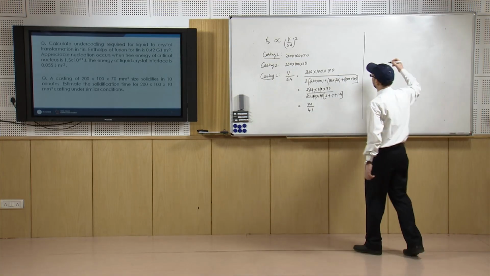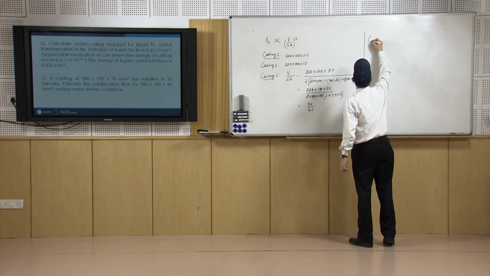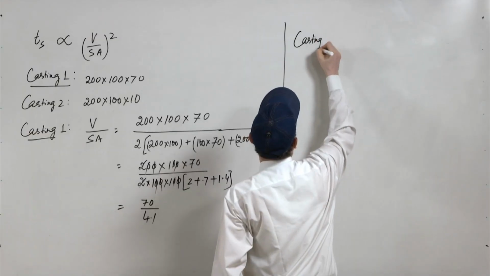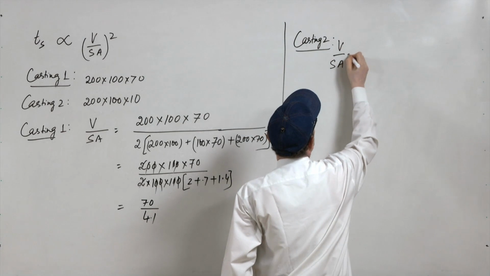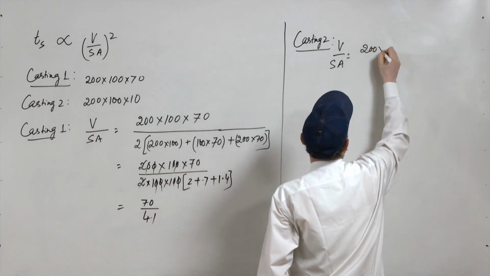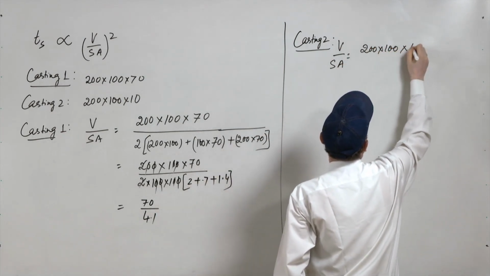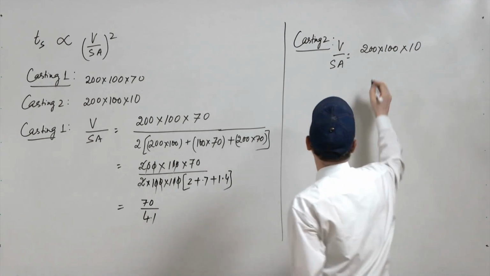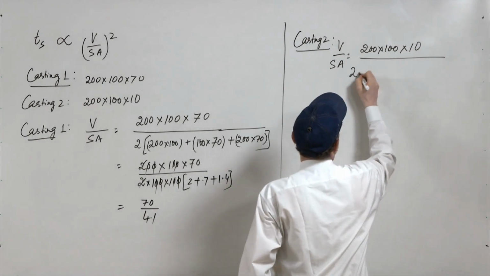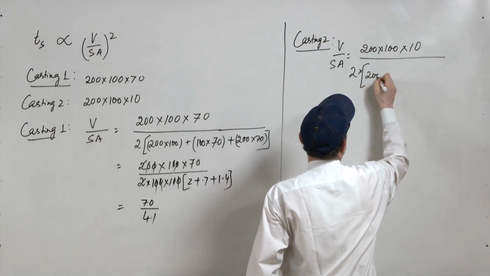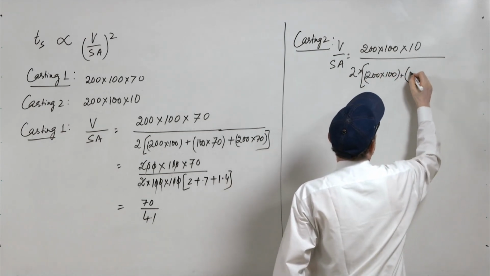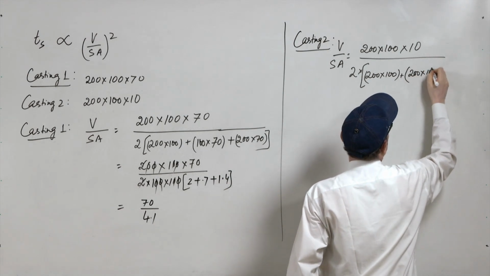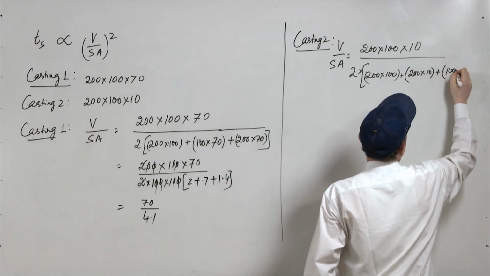Now, we have to find the V by SA for casting 2. For casting 2, V by SA will be 200 times 100 times 10 upon 2 into 200 times 100 plus 200 times 10 plus 100 times 10.